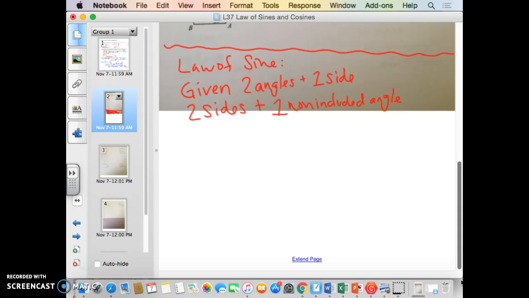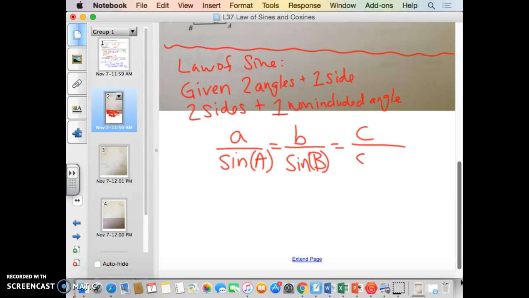The formula is a over sine A equals b over sine B, which equals c over sine C. And this all has to do with similar triangles. But anyway, there's the formula that you need to have that we'll be referring to quite frequently. And again, if you are given two angles and one side, you use this.